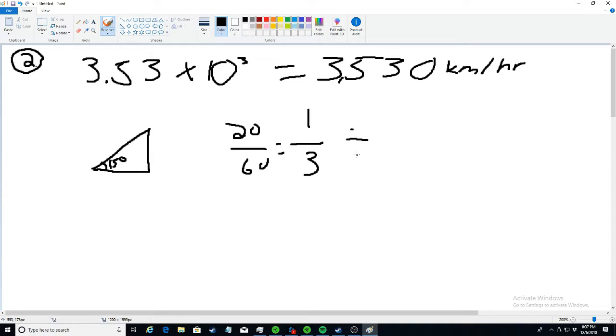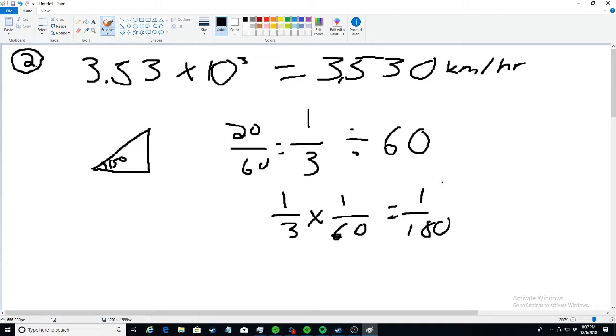And now you have to divide this by 60 minutes in an hour. So you're going to take your 1/3 to divide by a fraction. You'd multiply by the reciprocal, and you're going to end up getting 1 over 180. This number is going to be very important.